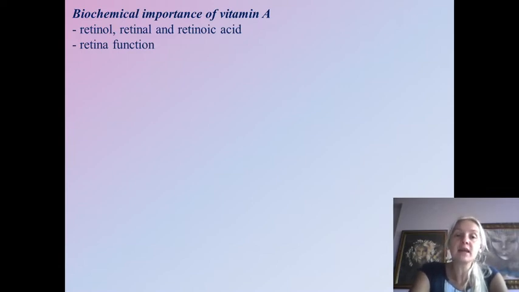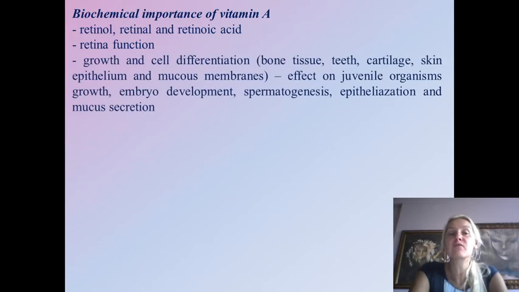So vitamin A is important and necessary for the proper growth and cell differentiation of numerous tissues, like you see here from the slide. It has a beneficial and positive effect on juvenile organisms' growth, on development of embryos, spermatogenesis, epithelialization, and proper secretion of mucus.